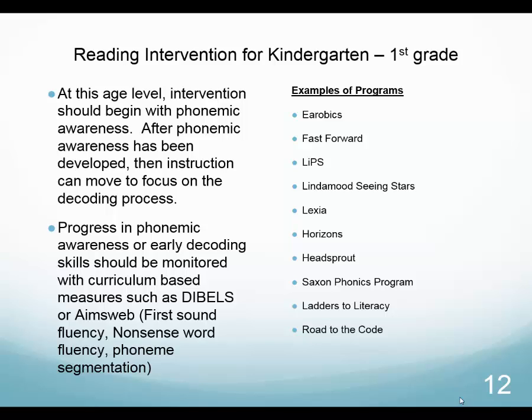The intervention should be implemented with fidelity, 20 to 30 minutes daily outside the core curriculum. Some examples of intervention for this age are listed, such as Earobics, Fast ForWord, LiPS, Linda Mood Seeing Stars, Lexia, Horizons, Ladders to Literacy, and Road to the Code.